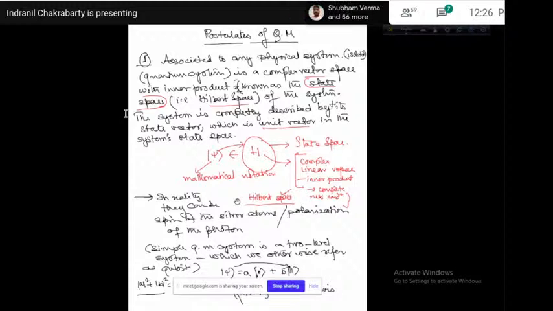This system is completely described by its state vector, which is a unit vector in the system state space, and is represented by the vector psi. H is your state space, a complex linear inner product space, and along with the completeness condition, they together form a Hilbert space.